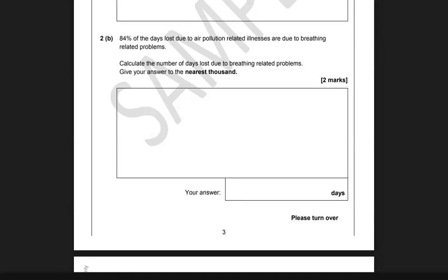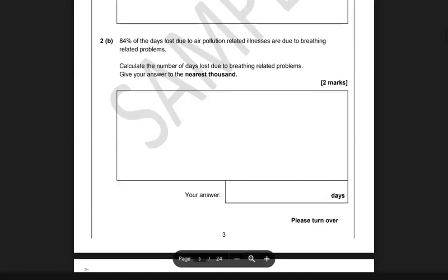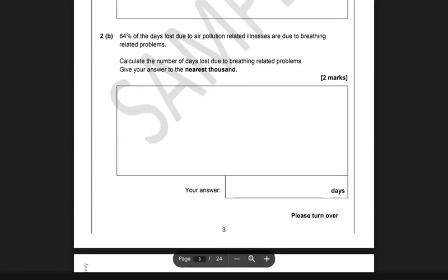So it's going to be what? 84 over 100. When working out a percentage, 84%, we do 84 over 100 times 970,215.